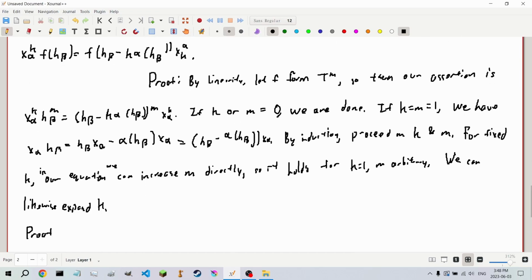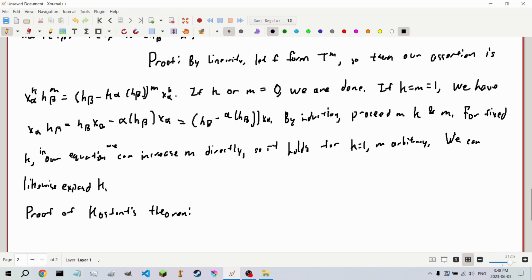This is the proof of Kostant's theorem. So at the start, we're going to fix an ordering, say alpha 1 through alpha m, of our positive roots.